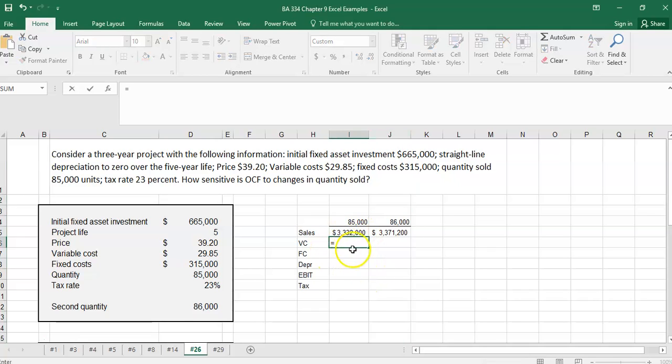Then our variable costs are the number of units times our variable cost per unit of $29.85. I'm also going to lock that. The fixed costs are exactly the same for both, and our depreciation rate is straight line to 0. So the cost divided by the useful life.